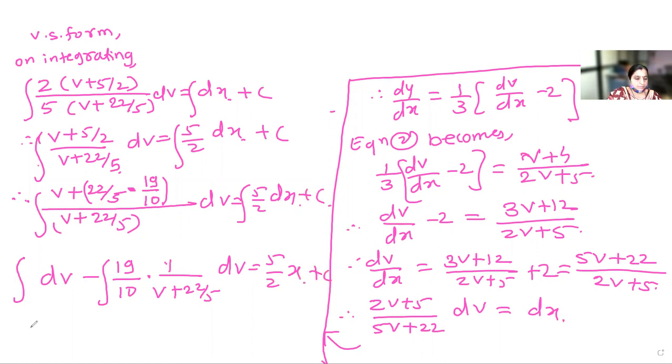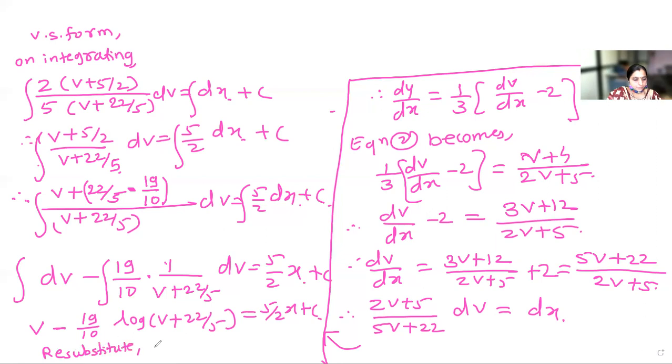Now on integrating, dv gives v, minus 19 by 10, the constant will come outside, log of v plus 22 divided by 5, is equal to 5 by 2 x plus c. Now resubstitute v. What is our substitution? v is equal to 2x plus 3y. Then we get the answer.